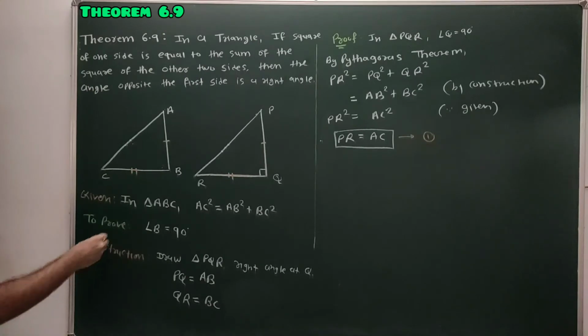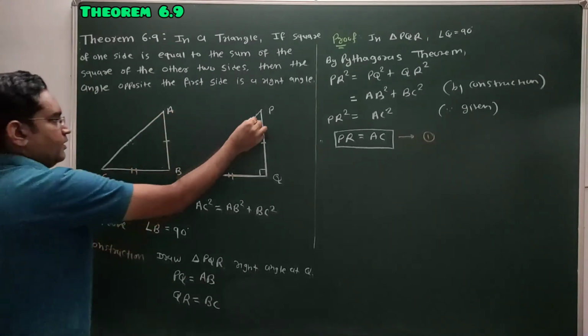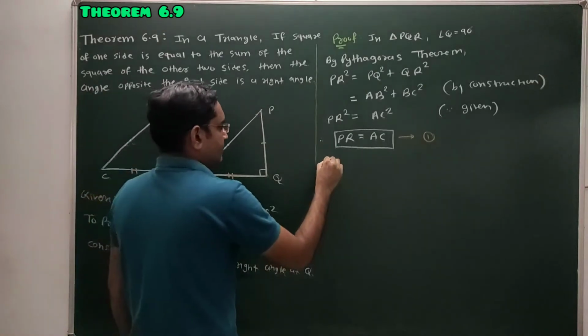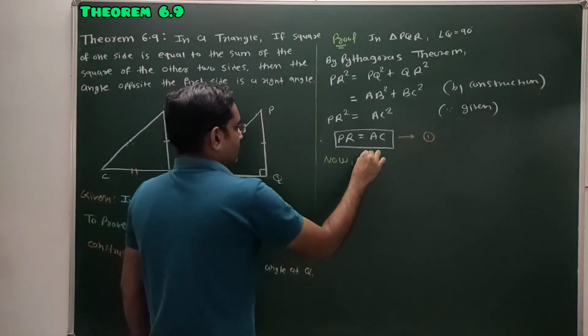Now I am taking these two triangles, ABC and PQR.